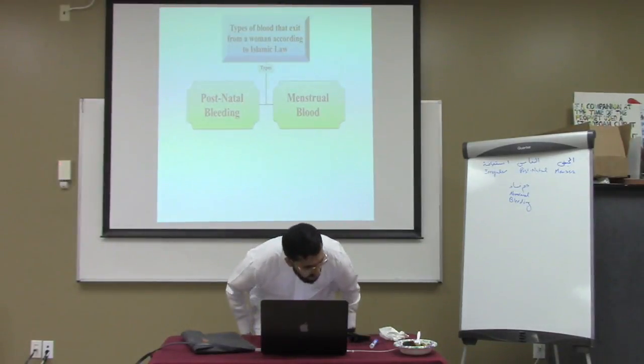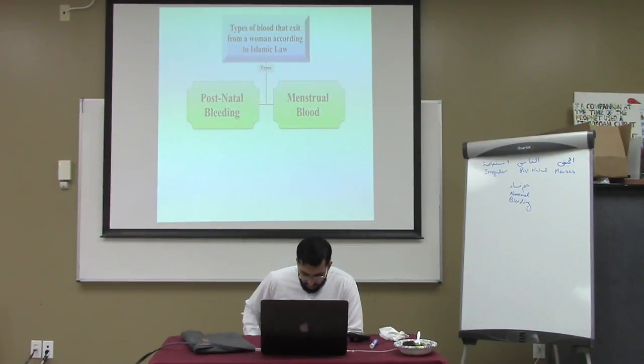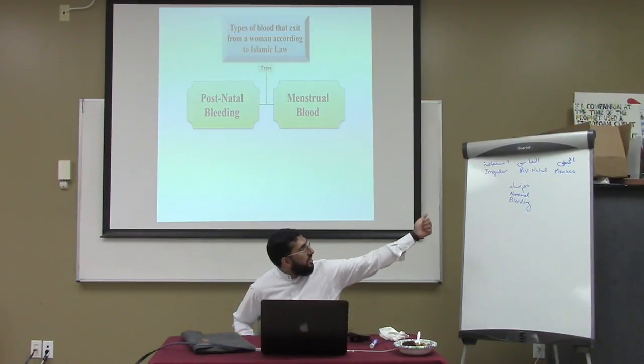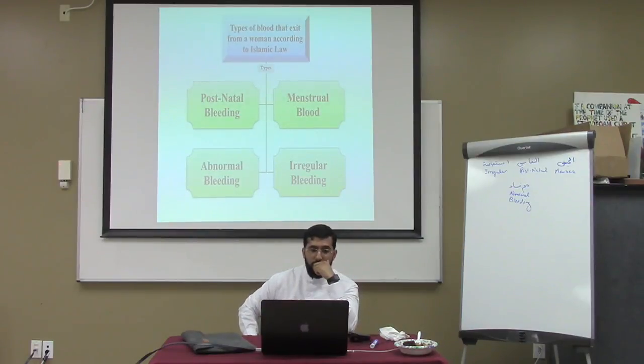And let's define all of these now. So we defined the first two. The third one is istihada, or irregular. It's the expulsion or flowing of blood from women outside the normal times of her menses. And the last one is abnormal.